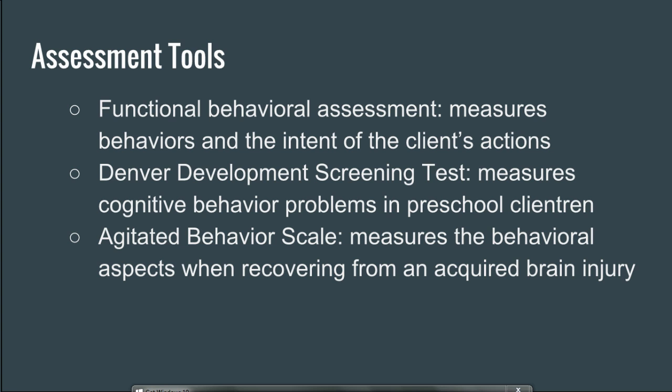Then there's the Denver Development Screening Test, which measures cognitive behavior problems in preschool clientele. Next, we have the Agitated Behavior Scale, which measures the behavior aspects when recovering from an acquired brain injury. So that's really specific to brain injuries and not just all behavior that you're trying to change.